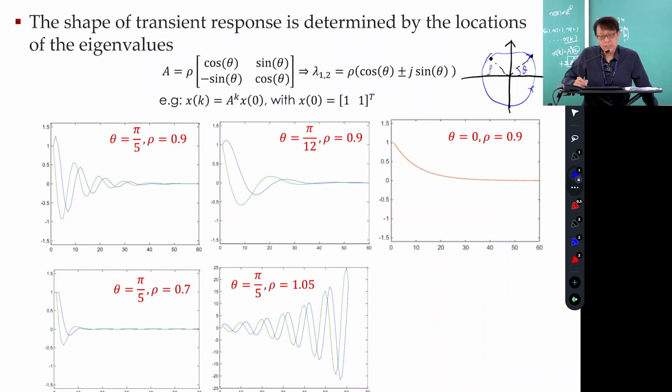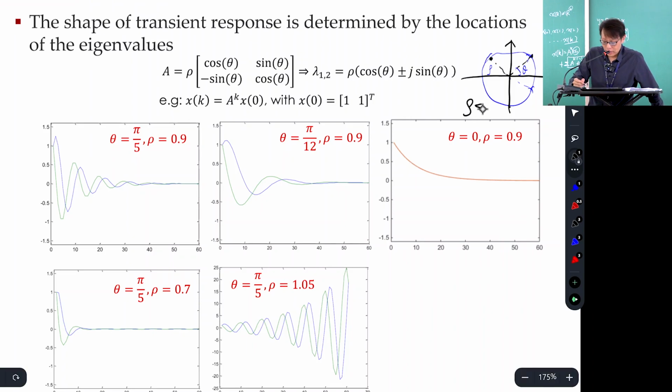When theta is 0, the eigenvalue is real because sine theta is 0, so you don't have a complex part. Rho may not be 1, by the way. Rho could be anything. It can be smaller than 1, bigger than 1, or equal to 1. And when theta is half pi, the eigenvalues are completely imaginary.